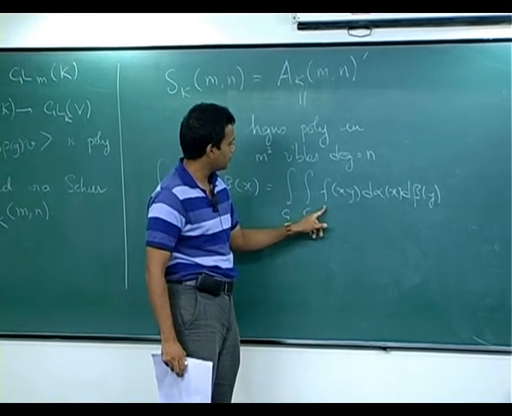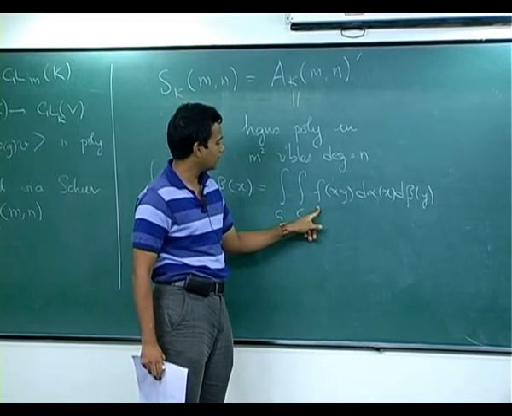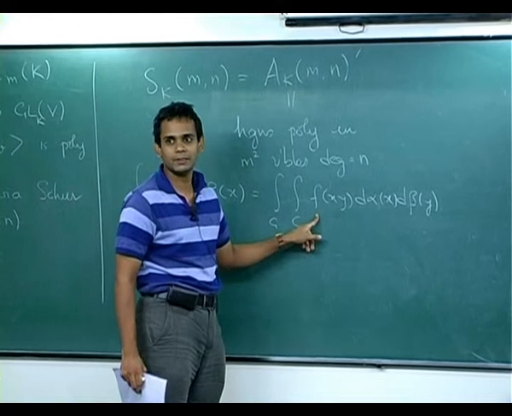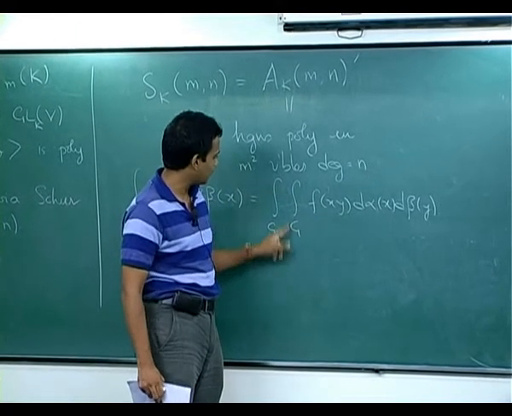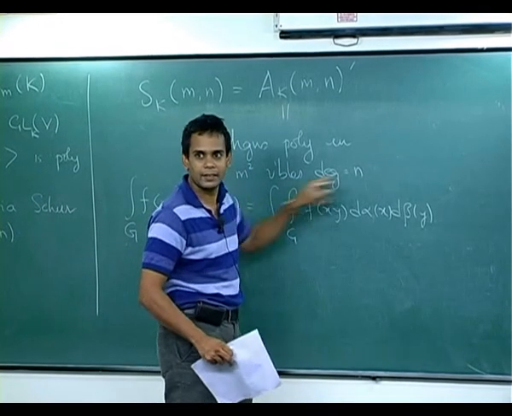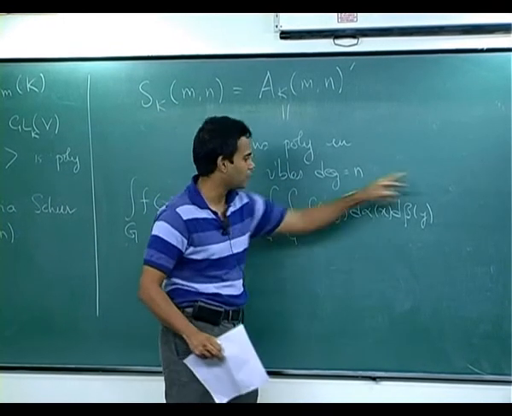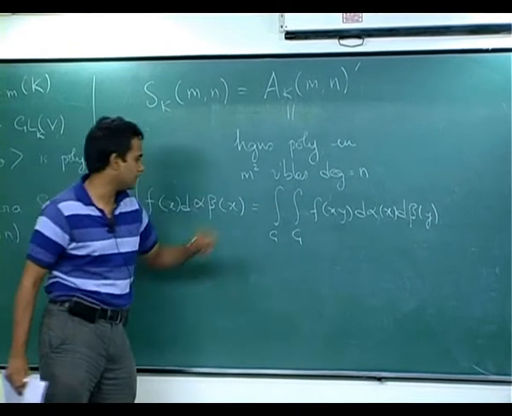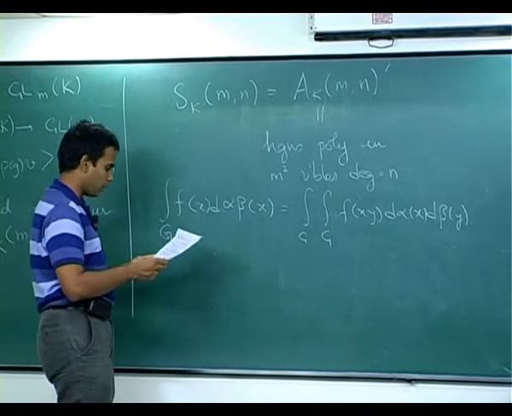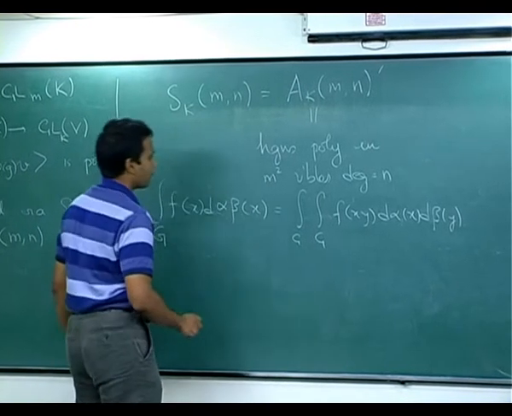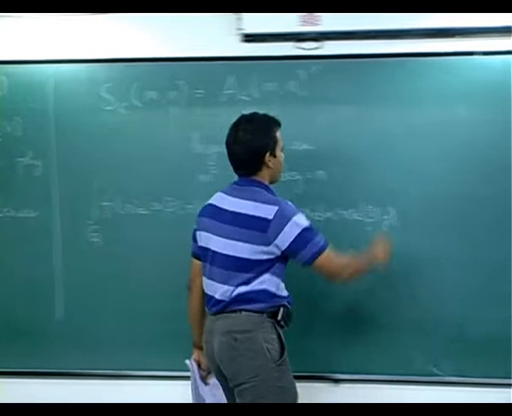This is a polynomial in x and y, therefore, you can think of it as a polynomial in y whose coefficients are polynomials in x. You can integrate out those coefficients and you get a polynomial in y, that is the inner integral, and then you integrate that out and you get an element of K. So, that is the double integral. This is the definition of the product, and so this is just the definition of the Schur algebra.